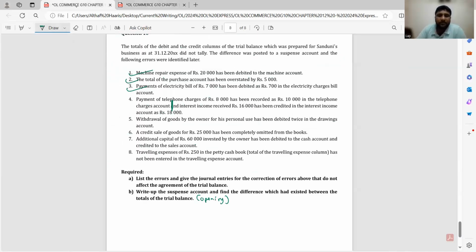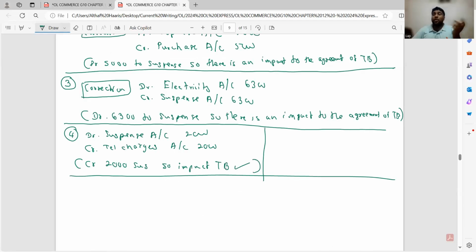And next one, 16,000 has been credited to the interest account as 18,000. Again, people, over. So over means the same side or opposite side? Now interest income, originally credit side or debit side?